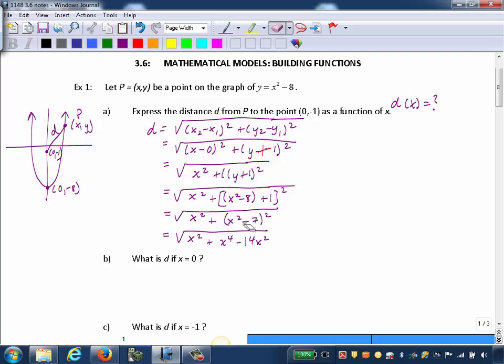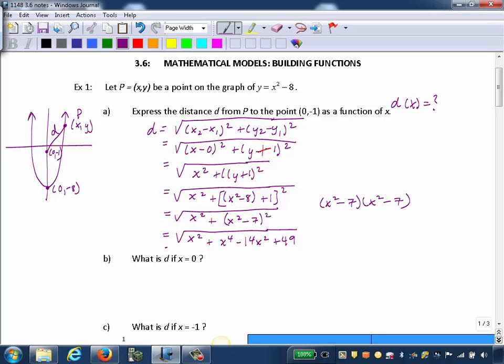And then we square our last term, negative 7 squared gives us 49. You could also write that out as (x squared minus 7) times (x squared minus 7) and distribute. Most of us would use FOIL, and that would get you to x to the 4th minus 14x squared plus 49.